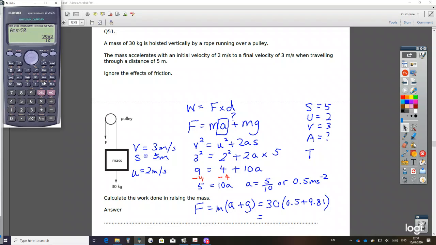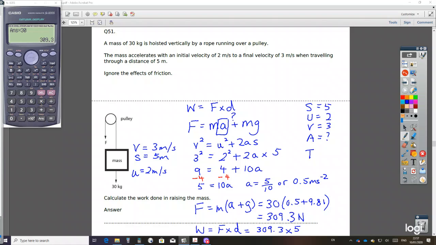And I will get 309.3 newtons. Then, to get work done, I would multiply this answer by the distance, which is 5.